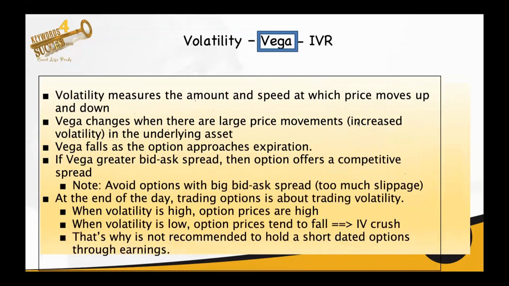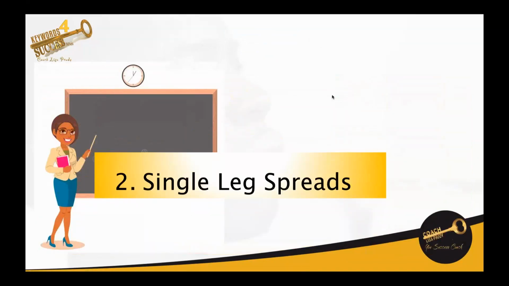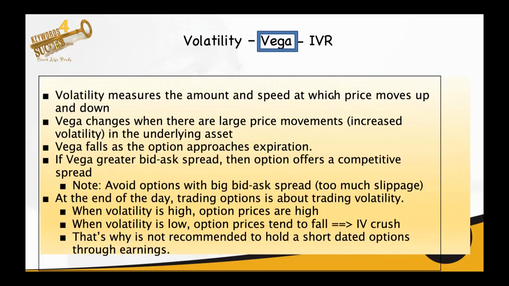The third element I look at is Vega. Vega is volatility, right? You hear something like the IVR, the volatility, they all talk about the same thing in different terms. Volatility basically measures the sudden increase of price, up and down movement. It basically measures risk. When the underlying is risky, like Tesla, it's very volatile.